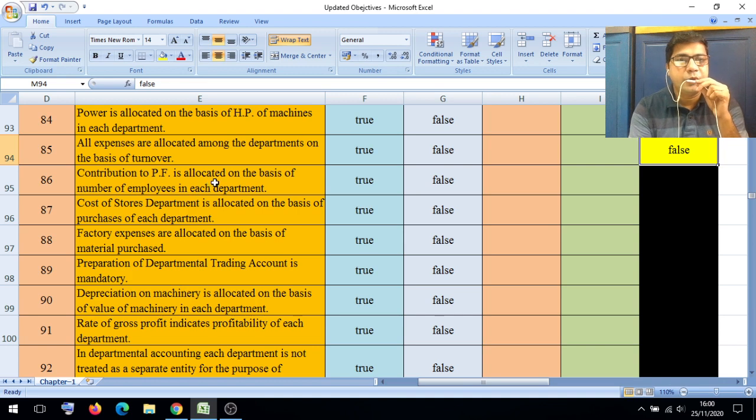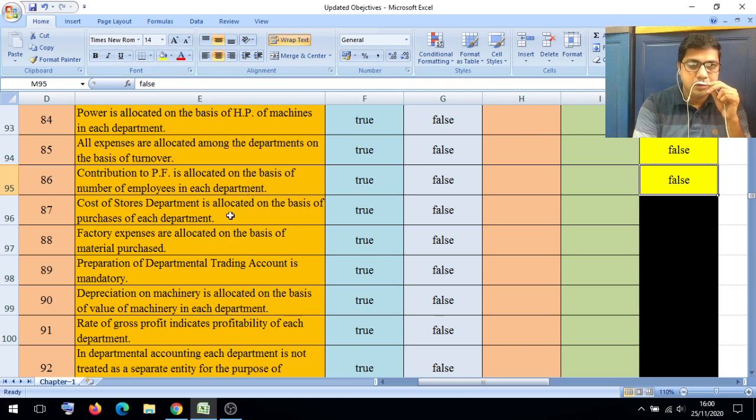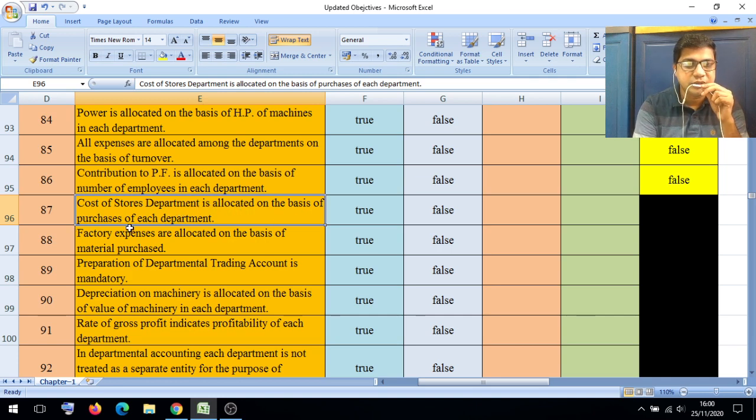Contribution to Provident Fund is allocated on the basis of number of employees in each department. Answer is false. Next, cost of storage department is allocated on the basis of purchases of each department.